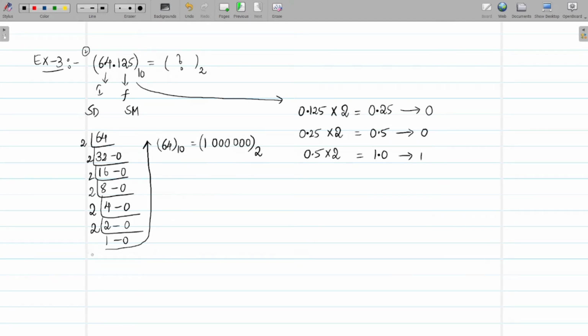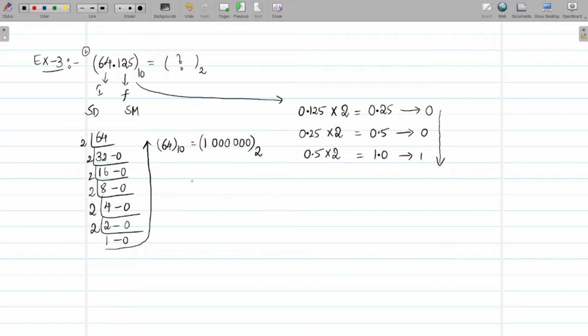Now for the integral part, I moved in reverse direction, from the last quotient to the first remainder. For the fractional part, I need to move in forward direction to write the equivalent binary value.